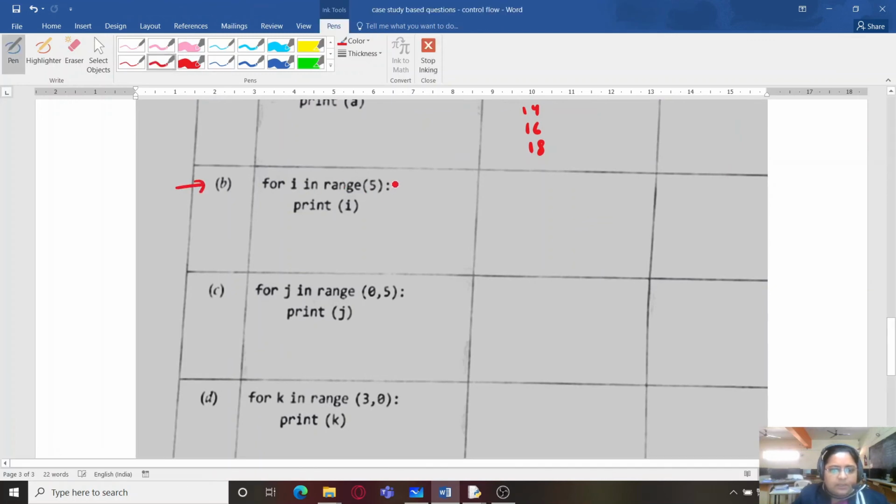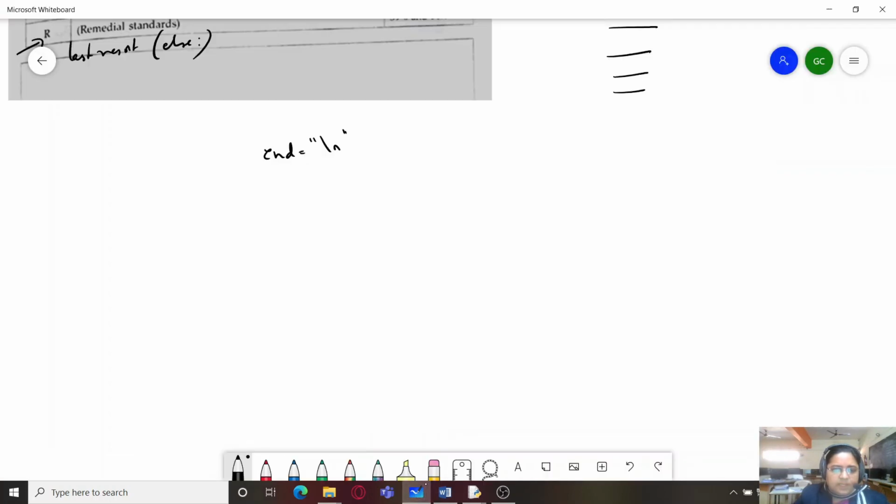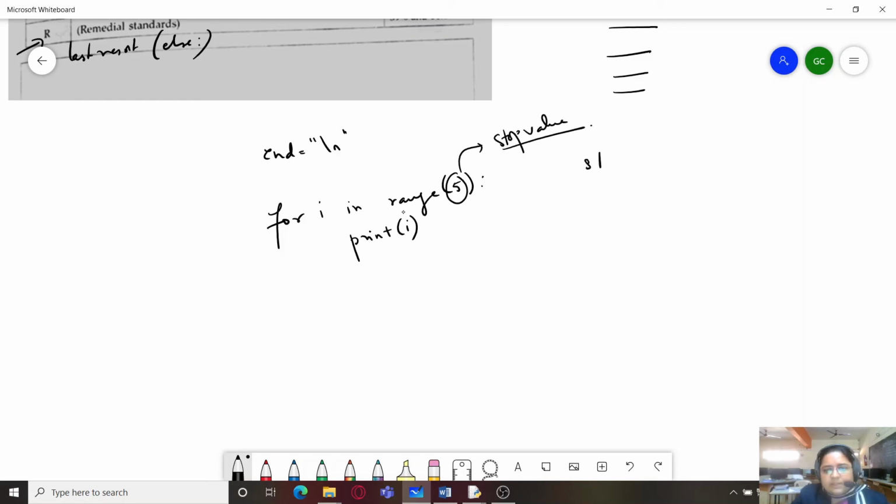for i in range 5. Now for i in range 5, only the stop value has been provided over here, and the default start value is 0.